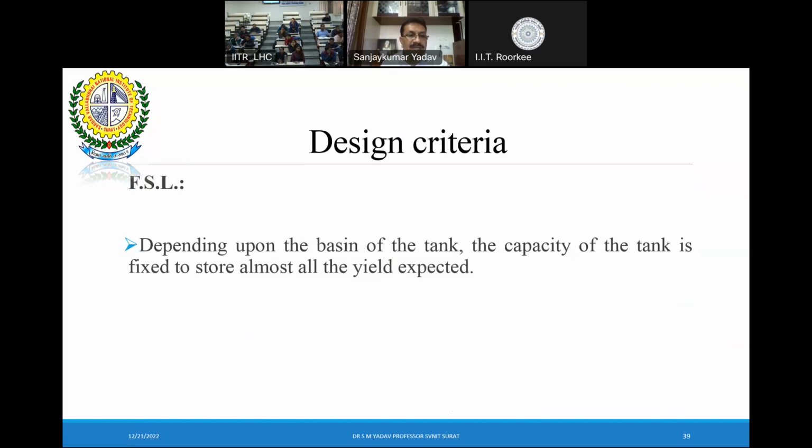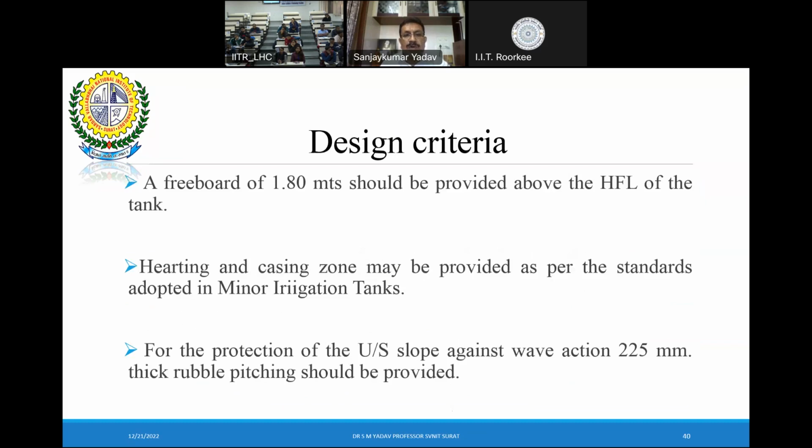The full supply level. Depending upon the basin of the tank, the capacity of the tank is fixed to store almost all the yield expected. A freeboard of 1.8 meters should be provided above the HFL of the tank. Berm and casing zone may be provided as per the standards adopted in minor irrigation tanks.